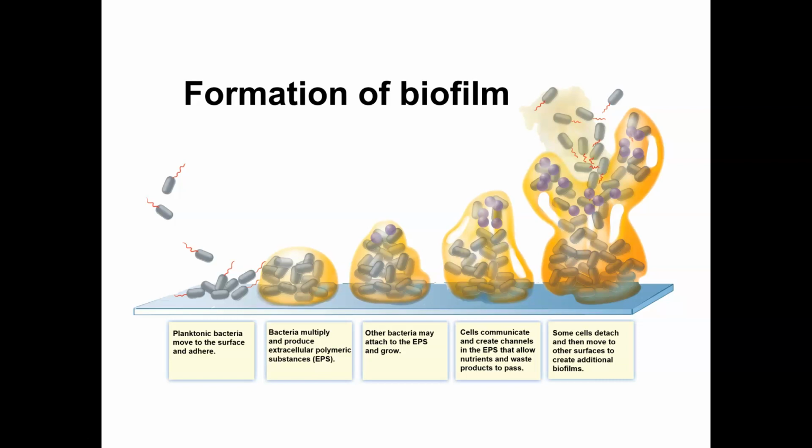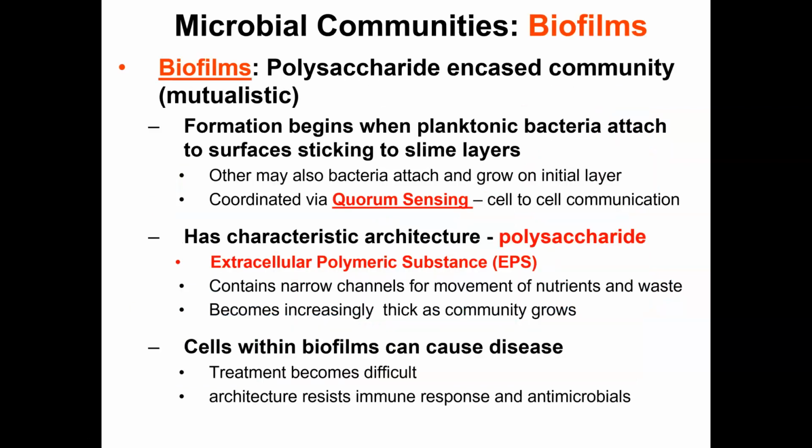Okay, the orange stuff is that polysaccharide, or more technically termed, extracellular polymeric substance, EPS, okay, sugar. So they start secreting and expanding, usually their glycocalyces. So you end up with this goopy web-like network of sugar.